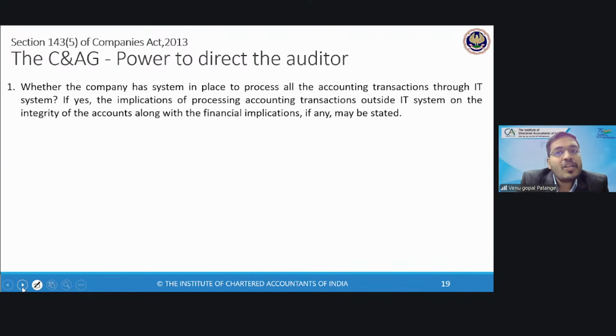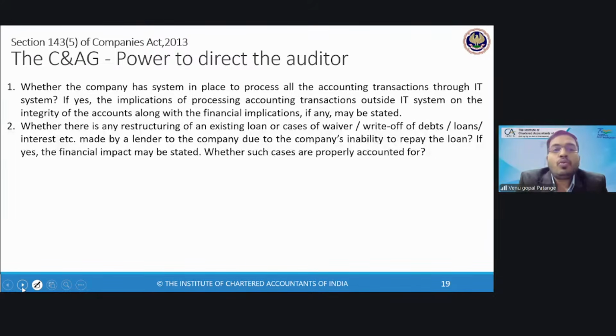So anything which is outside the IT system has to be checked in detail, and whether that has been posted again in ERP or not, we need to check. So C&AG is instructing CA firms to verify this and report if there are any deviations.